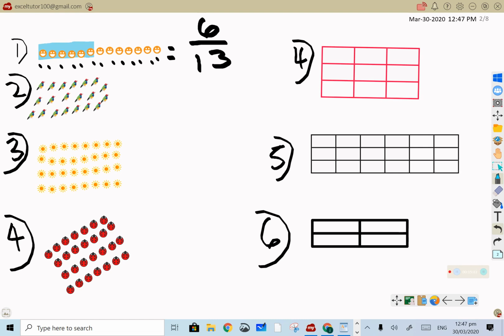So if they ask us what was the fraction that was shaded, or how many was shaded expressed as a fraction of the whole, we would be able to say that 6 was shaded as a fraction of 13. So 6 is our numerator, and 13 would be our denominator. Now 13 is the whole and 6 is the part.